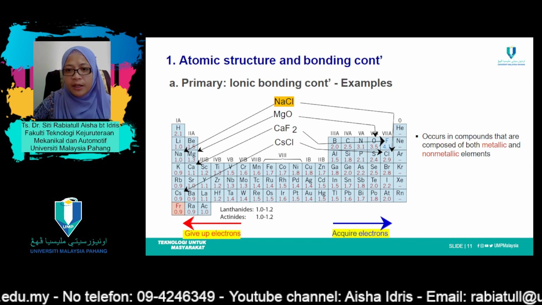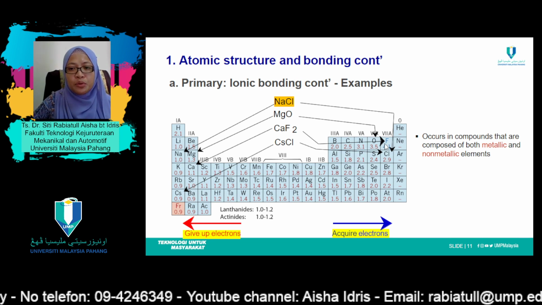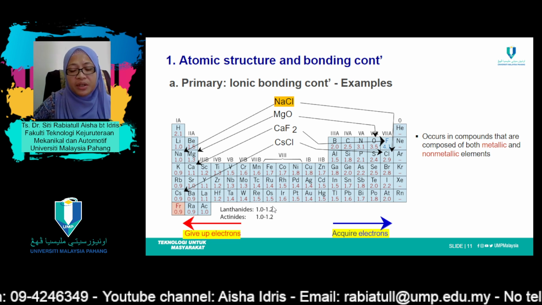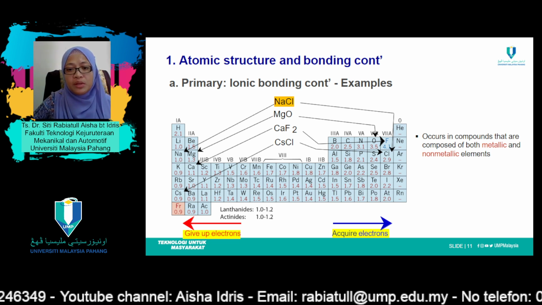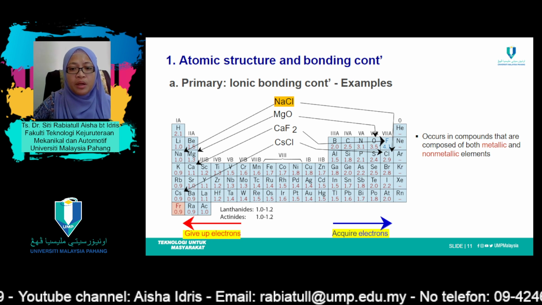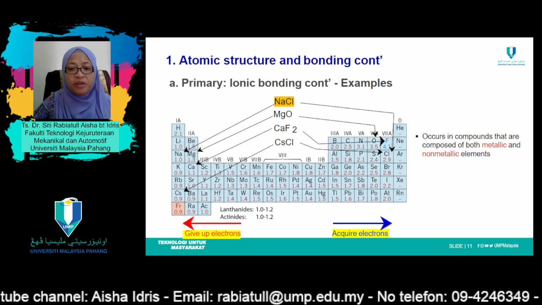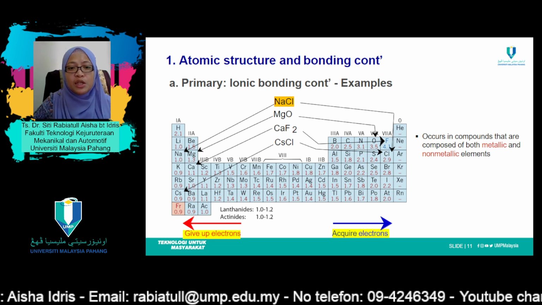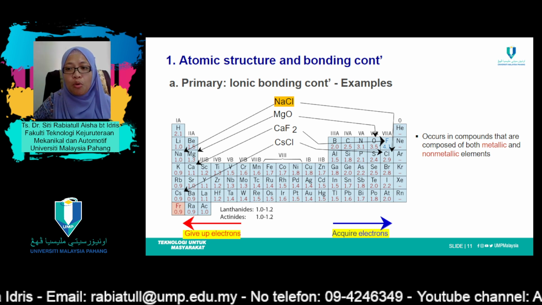And again, it is the same periodic table. If you refer to this one, to the left would be more tendency to give up electrons, and to the right, more tendency to acquire or receive electrons.